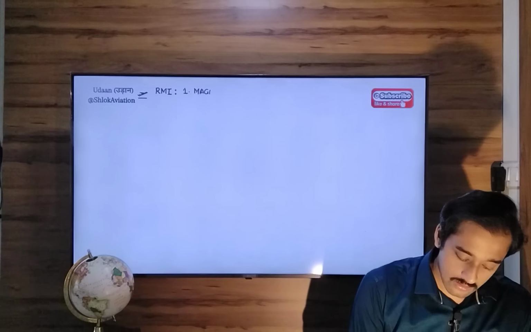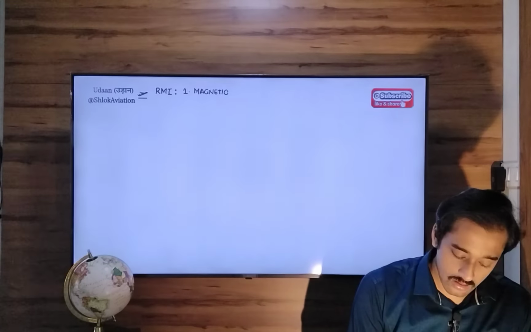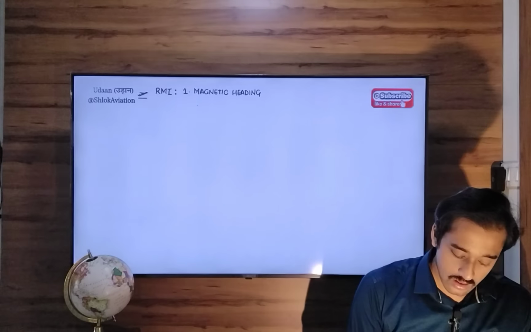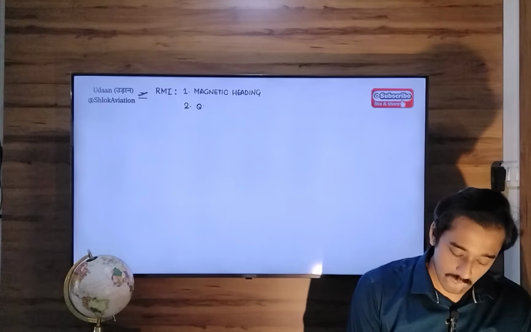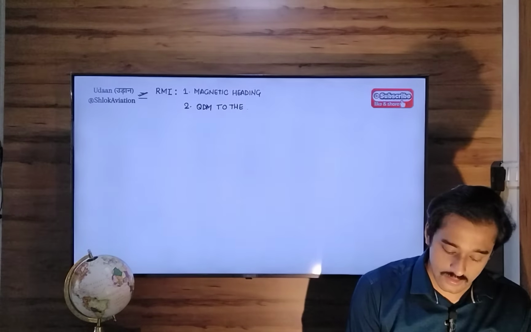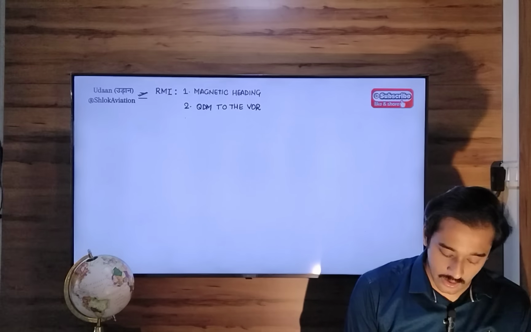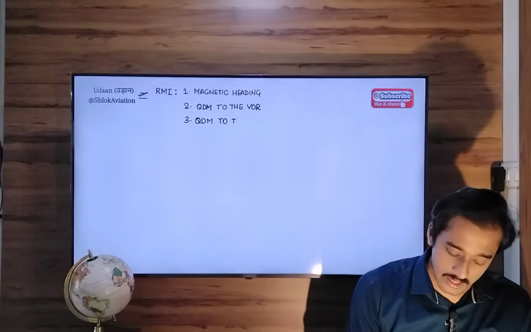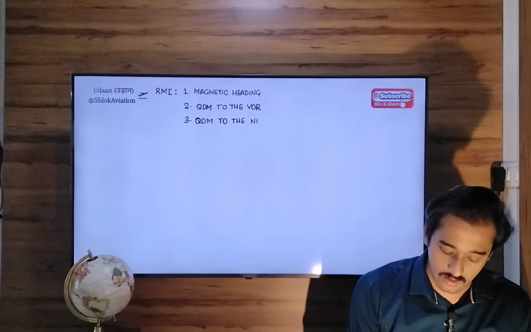Magnetic heading, QDM to the VOR station, and QDM to the NDB station.